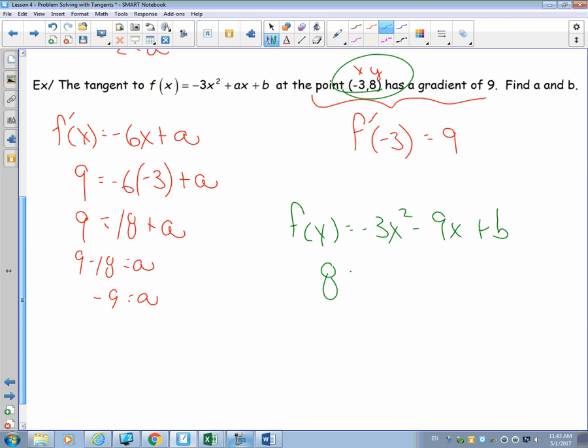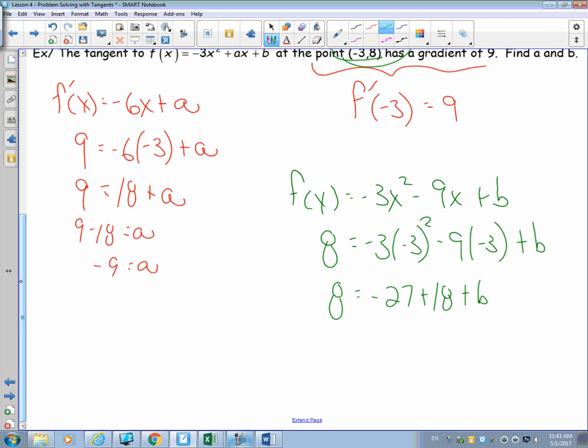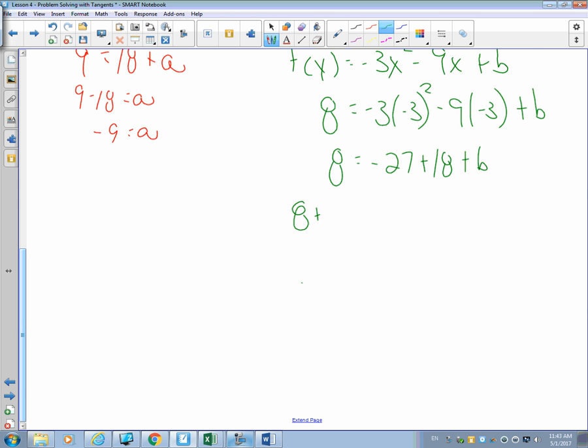I know y is 8 when x is -3. So I can solve this. I've got 8 equals -27 plus 18 plus b. And whenever we have points, we can always plug them in and solve for things, right? See what happens. So I'll get 8 plus 27 minus 18 is b. And in other words, b is 17.